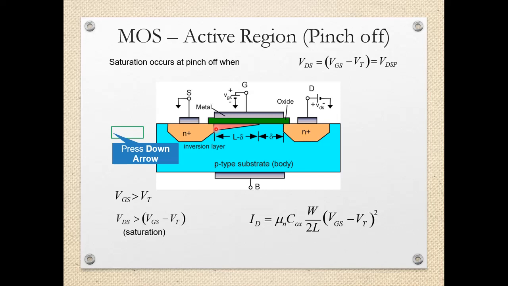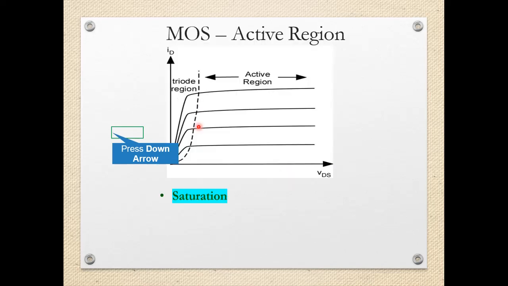So this is delta, which is now the depletion region, and this depletion region will start gradually increasing as this voltage starts increasing, and this is that small channel which was previously established that has started now reducing. So with further increase in the VDS voltage, we will reach the condition which is called as the saturation condition.